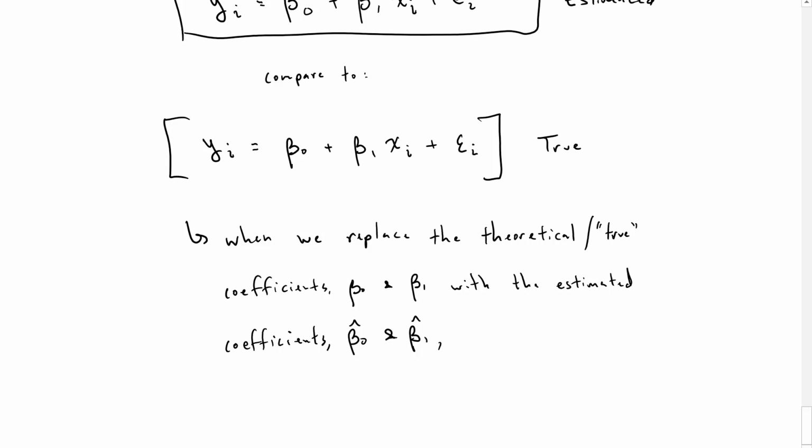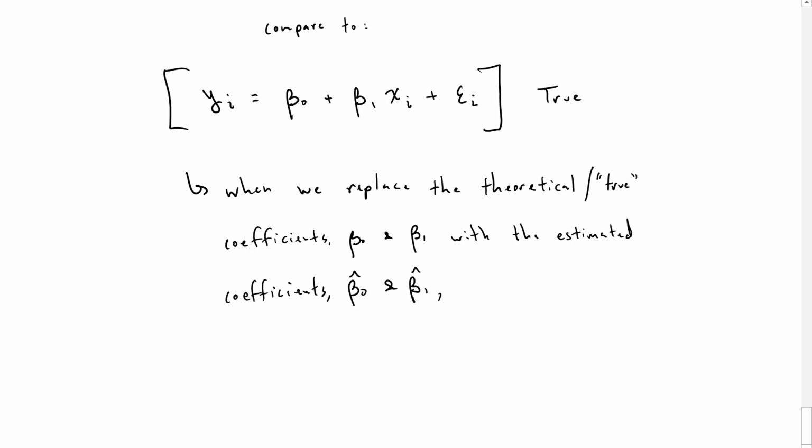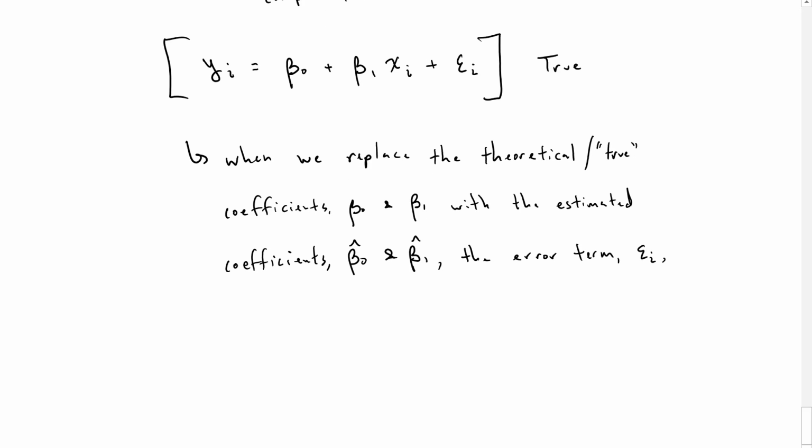So when we replace the theoretical coefficients beta 0 and beta 1 with the estimated coefficients beta 0 hat and beta 1 hat, then the error term epsilon i must be replaced by the residual ei.